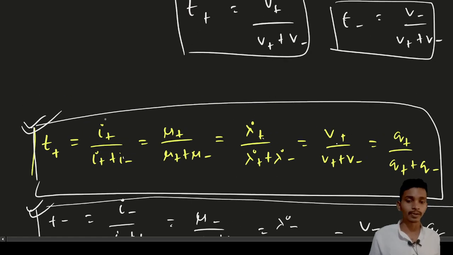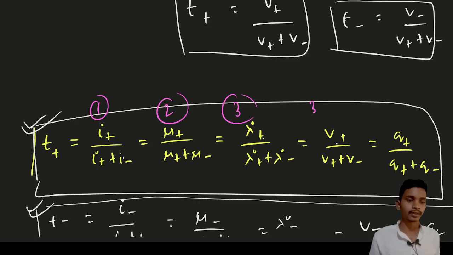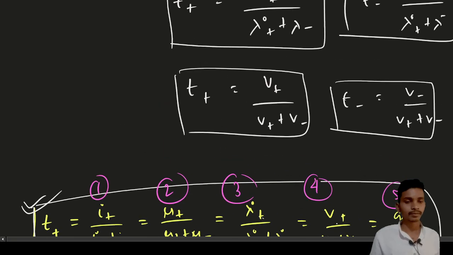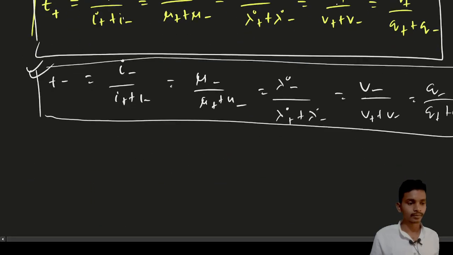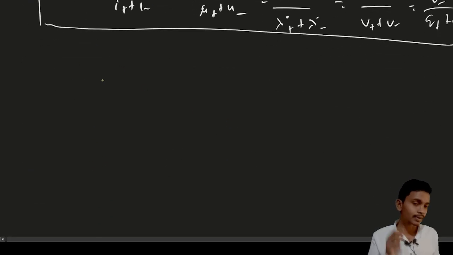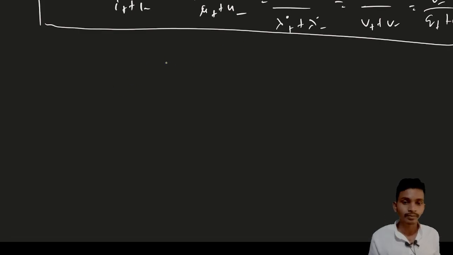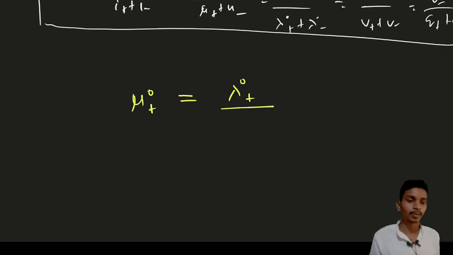So what is the relationship of transport number with this one, this one, and this one? And the last term, ionic mobility at infinite dilution for any cation is directly proportional to ionic conductivity at infinite dilution of cations upon charge into Faraday.